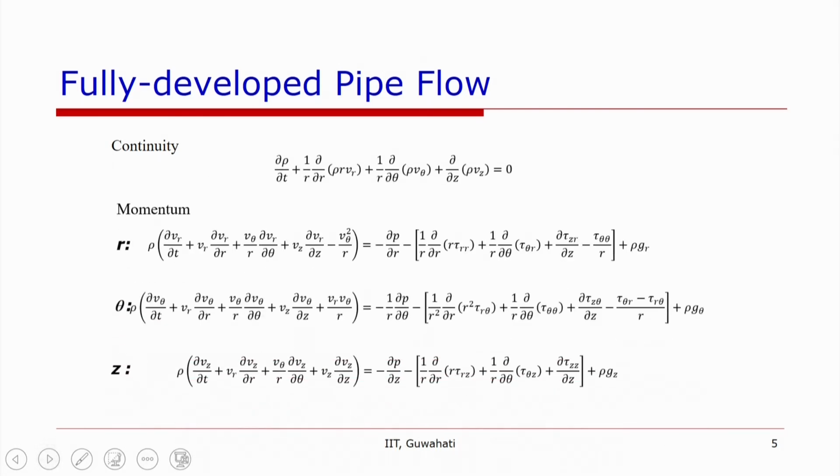So, what we see here is the continuity and the three components of the momentum equation in r, theta and z coordinates, and let us try to see the different terms in these equations. Because the flow is at a steady state, all the transient terms will go to 0.